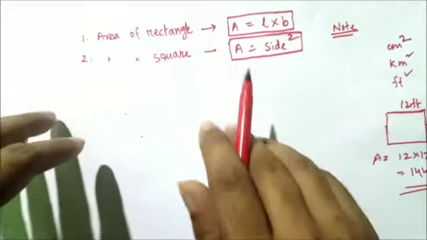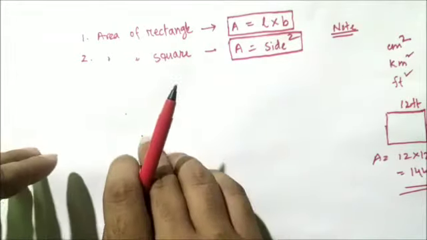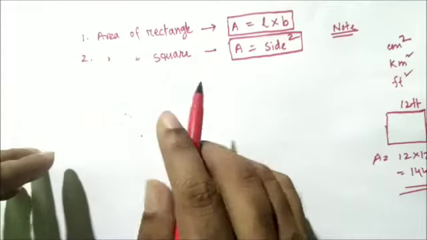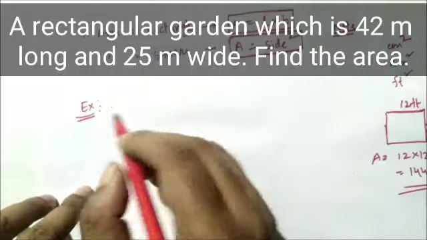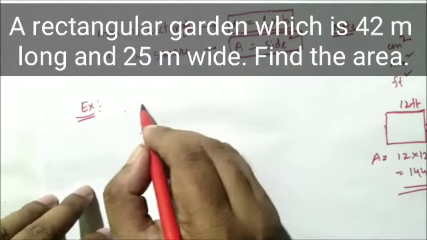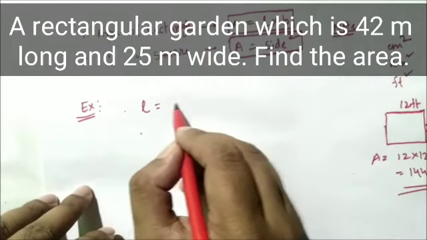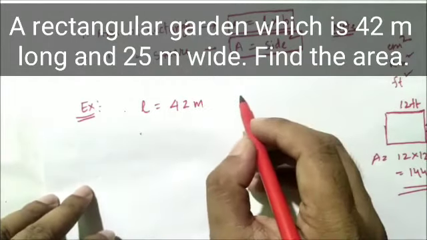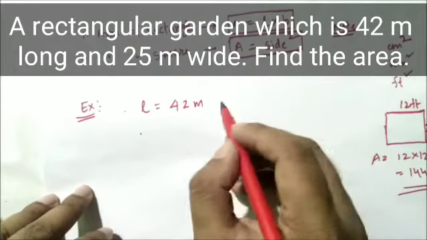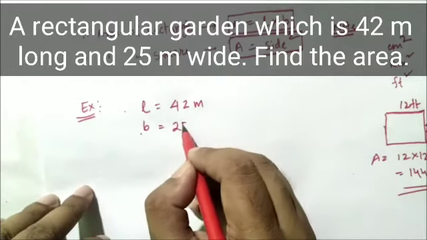Now we will discuss some examples. A rectangular garden is 42 meter long. That means the length of the garden is given, 42 meter, and the breadth is given as 25 meter.